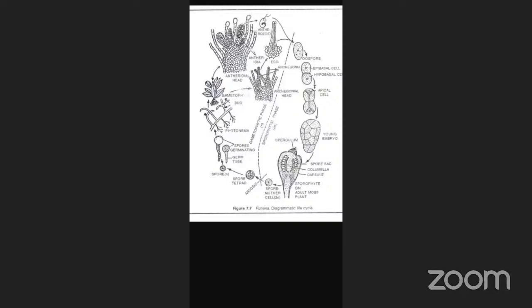Other members, Campbell and Smith, followed Riccia, Marchantia, Pellia, Anthoceros, and finally Funaria.